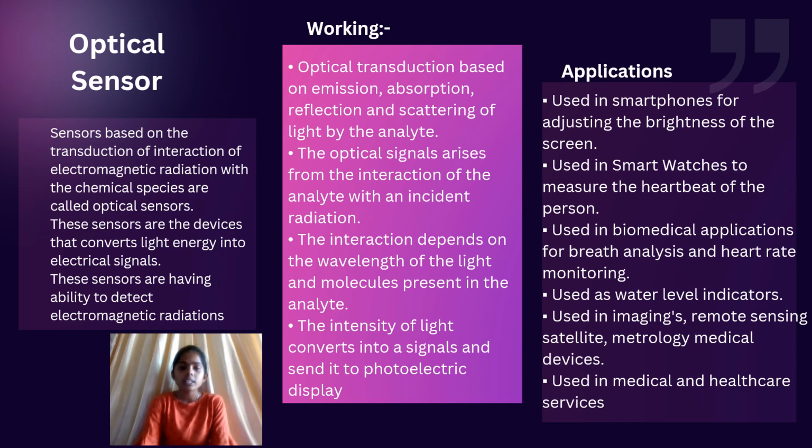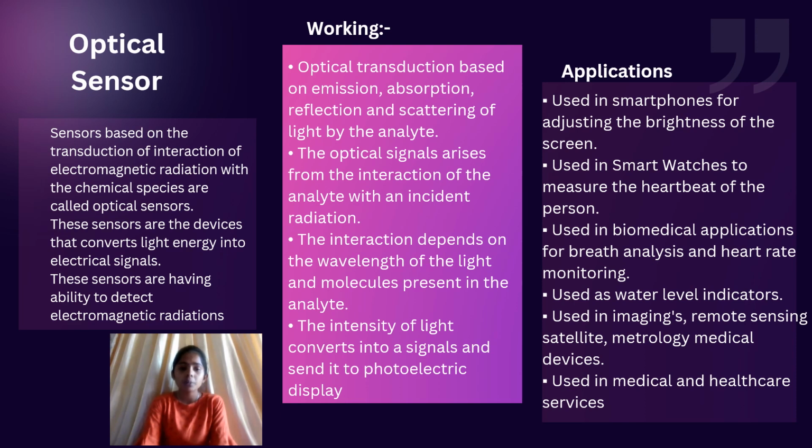The optical signals arise from the interaction of the analyte with an incident radiation. The interaction depends on the wavelength of the light and the molecules present in the analyte. The intensity of light is converted into a signal and sent to a photoelectric display.